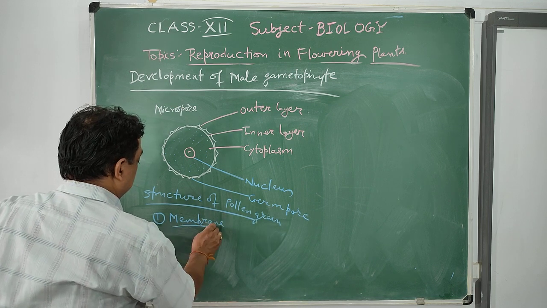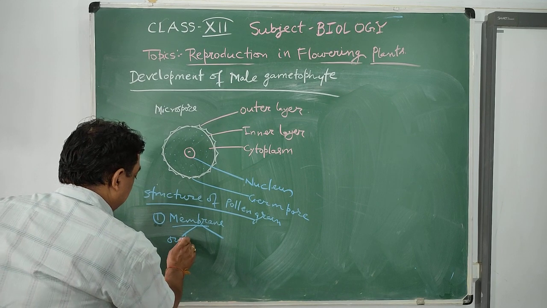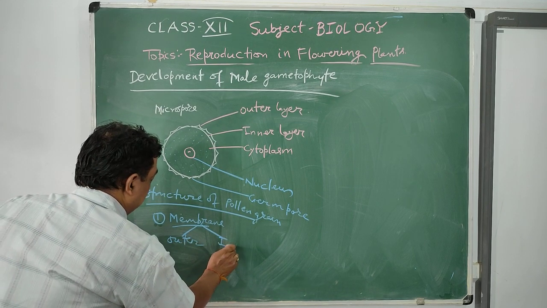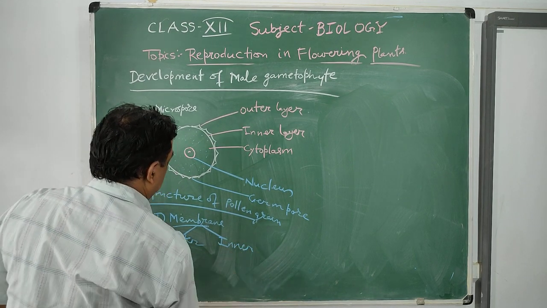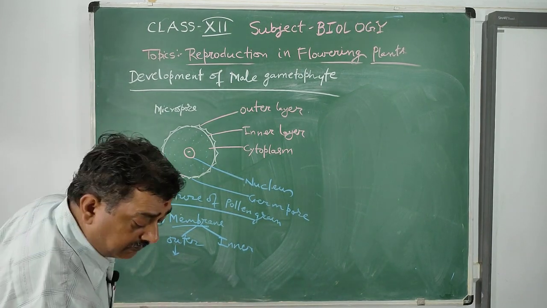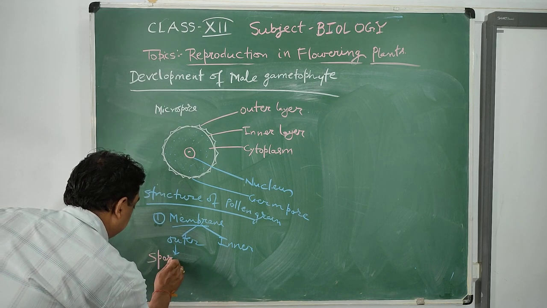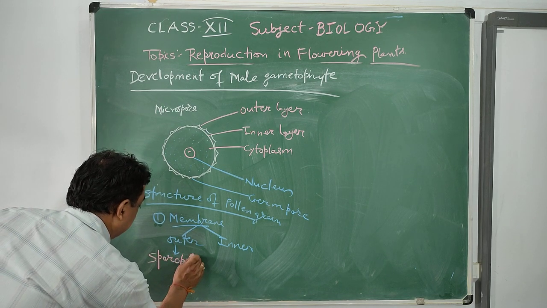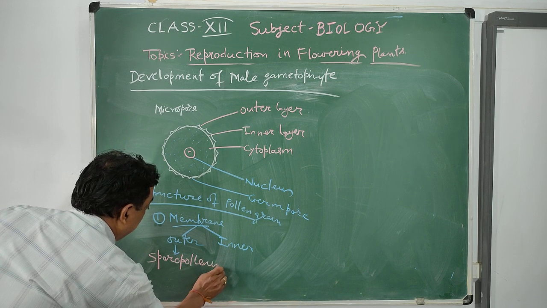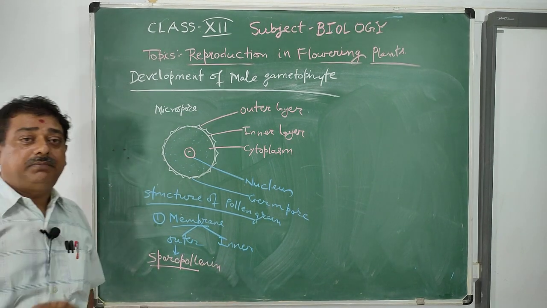There are two layers, outer layer and inner layer. The outer layer is made up of a special compound known as sporopollenin. Sporopollenin is a highly resistant organic compound.